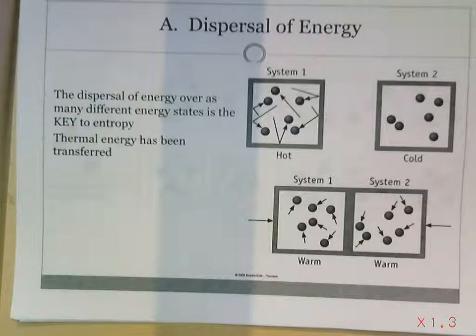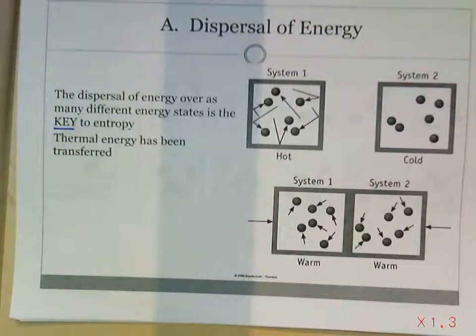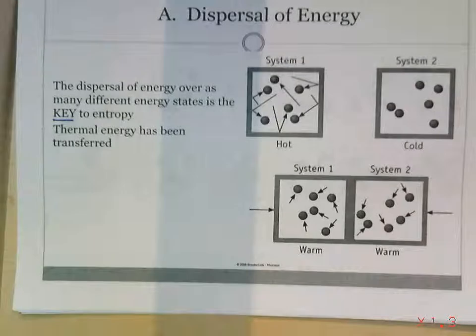I have the dispersal of energy over many different energy states, and that's going to be the key to entropy. Key. I would star that statement. It'll probably come up on a multiple choice question someplace. Hint, hint. If I was going to write a test, I'd probably put that on there. It's a pretty genius statement.